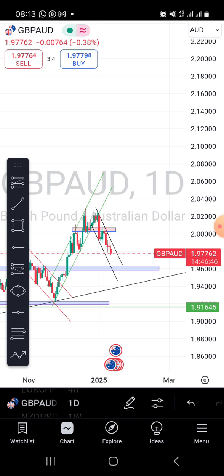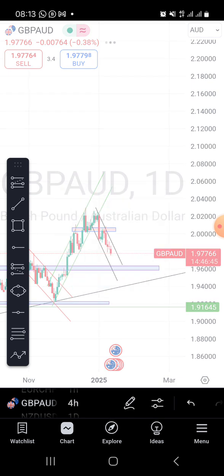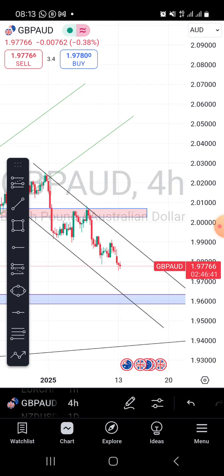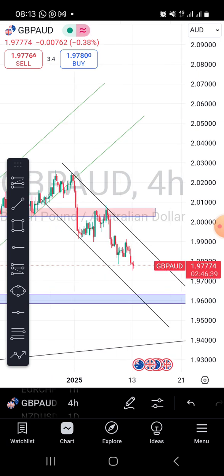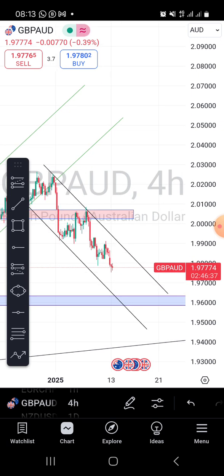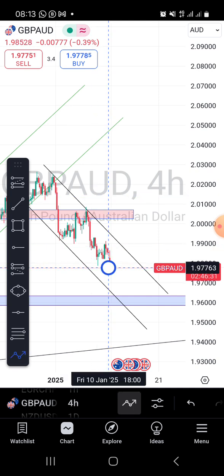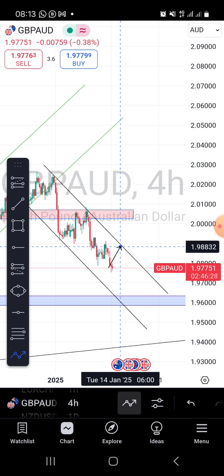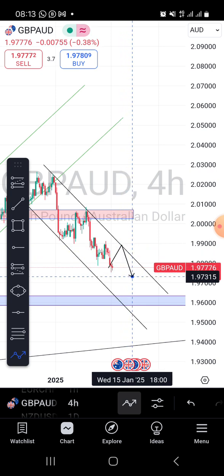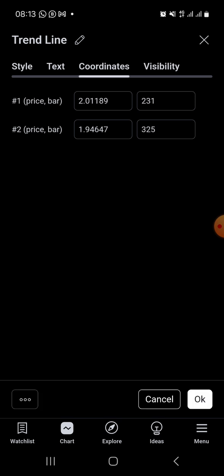So let's take it back to the H4. Our possible entry here is, if we see any retracement back to this trend line here, then we take our entry down to this zone.